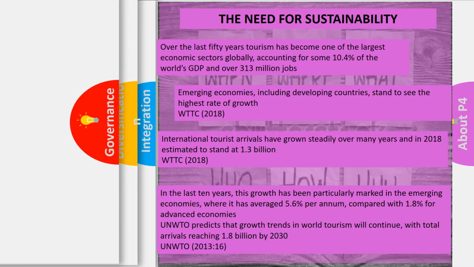So we're talking about growth, which is not a bad thing in terms of people wanting to see other countries, people wanting to spend their money, people having more disposable income from different segments of the population from developed countries. So that is a good thing, but we need to say, well, what is that going to mean in terms of the impact on the environment in those areas?